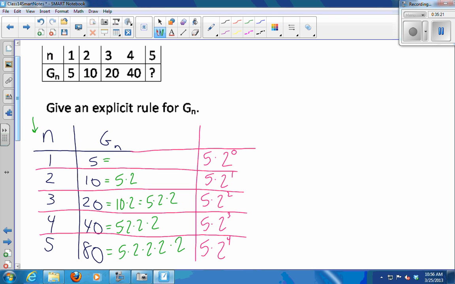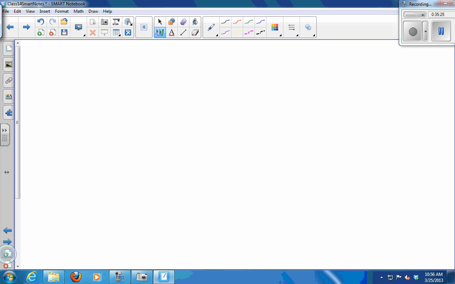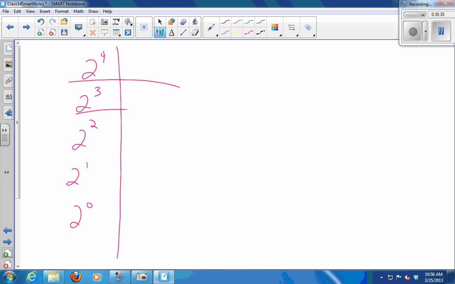You guys don't remember this from Math 105? Let me just remind you. So if I have 2 to the 4th, 2 cubed, 2 squared, 2 to the 1st, 2 to the 0. So 2 to the 4th, that's 2 times 2 times 2 times 2, which is 16.